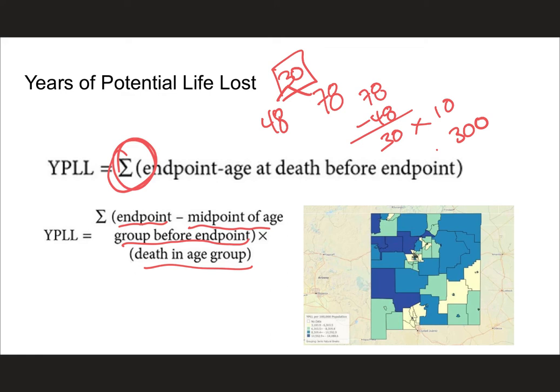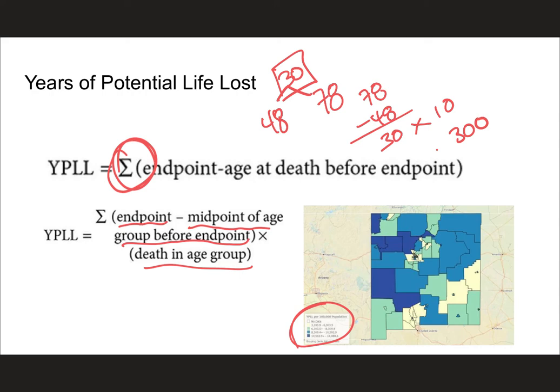So you add them all up, and you can have years of potential life lost in the thousands, as you can see on the scale here for New Mexico. And you can have a lot of big differences. The interesting thing to remember here is this whole situation with age expectancy.